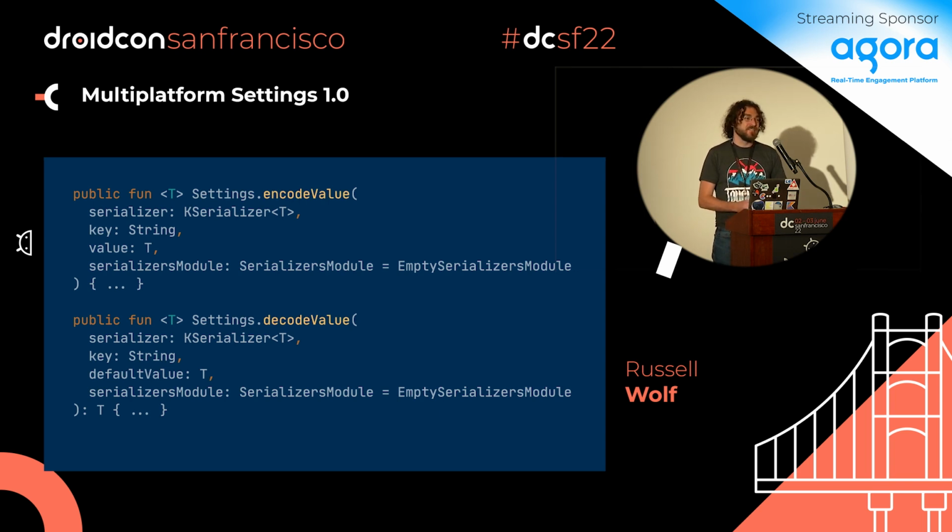Maybe you have a user object that represents the currently logged in user, and you could manually save their key and their ID and whatever other metadata to your settings store one at a time, or you could use Kotlin serialization to do it all at once, and the library handles it for you. I think it's kind of neat, and it was a nice way to explore the serialization API some. I don't really know how useful that is, so if anyone's tried it out, I would love to hear some feedback.